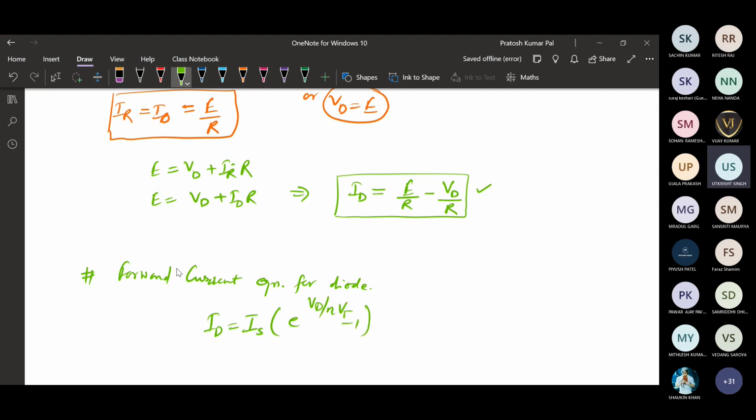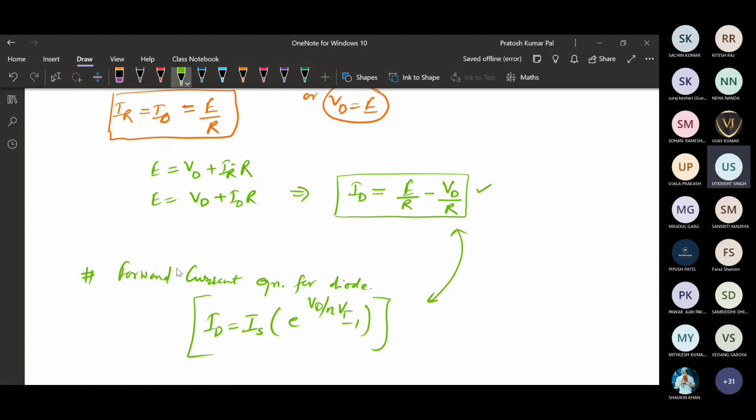This is the diode forward current equation. The forward current characteristic is going to cut this load line.